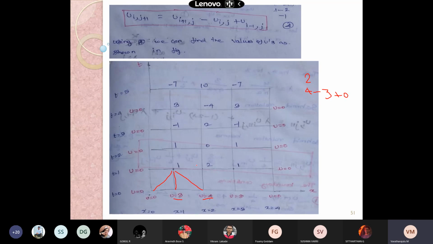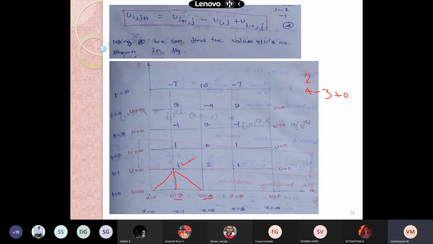What is the value? 1, sir. Is it clear how we derived this 4 minus 3 plus 0? Yes, sir, based on this particular formula: U(i+1, j) minus U(i, j) plus U(i-1, j). This formula we derived based on the various boundaries and given conditions. 4 minus 3, obviously 1. So we are getting 1.